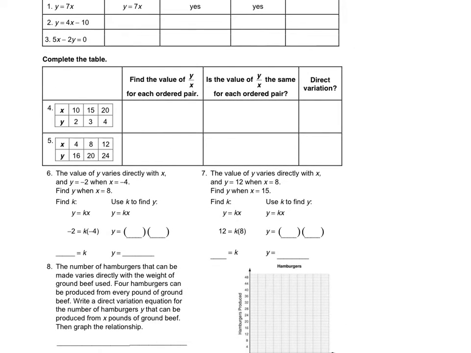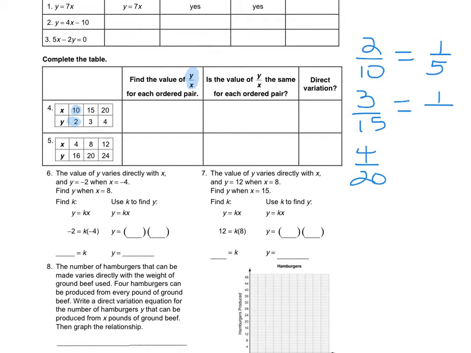So here, I am actually going to divide each one of these. Y divided by x. Okay, make sure you do it in the right order. So here, I'm going to do 2 over 10 and simplify it. Then I'll do the 3 over 15 and simplify, and the 4 over 20. So I'll reduce the first one. I can divide them both by 2 and get 1/5.